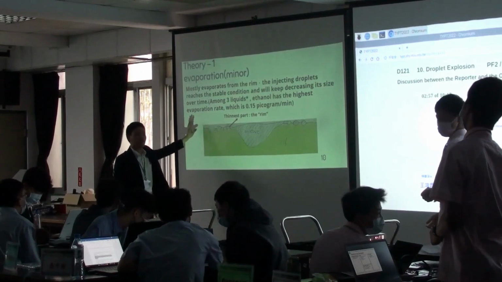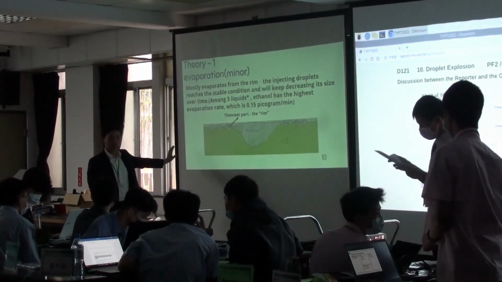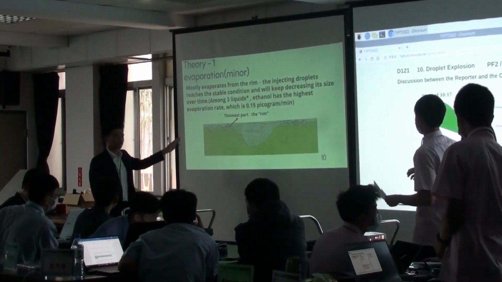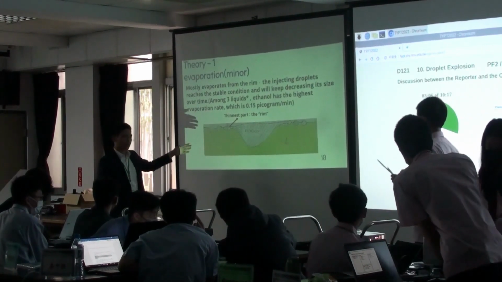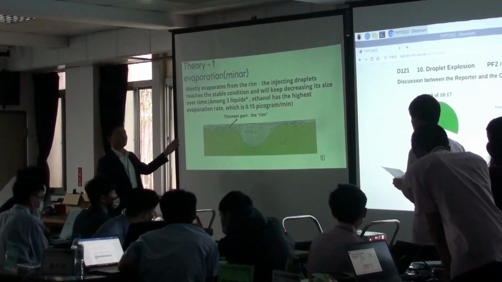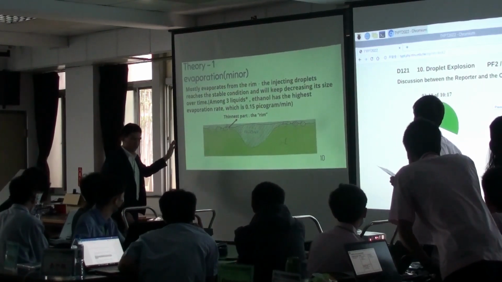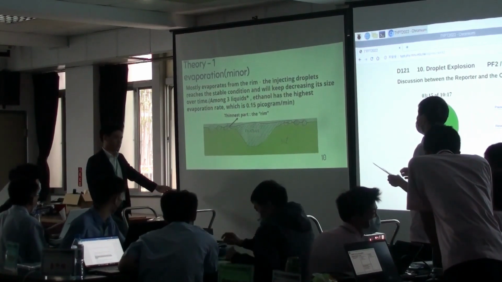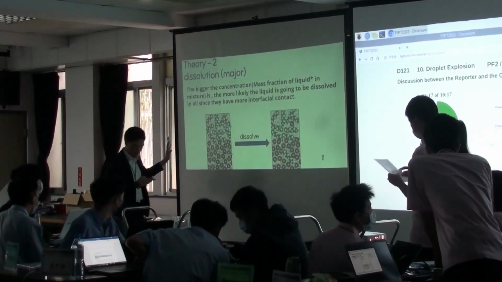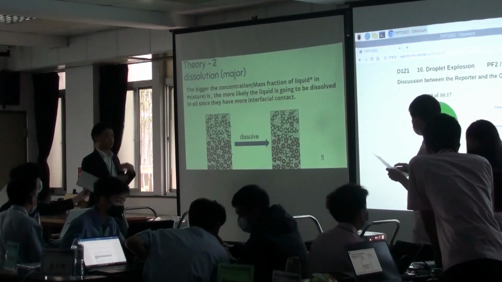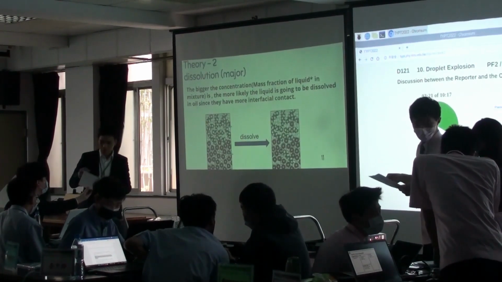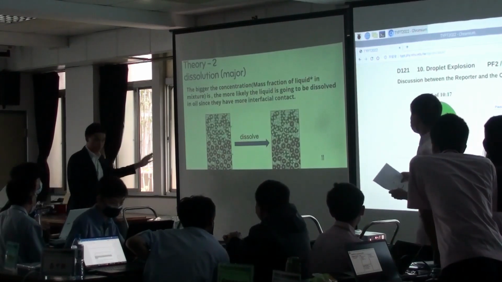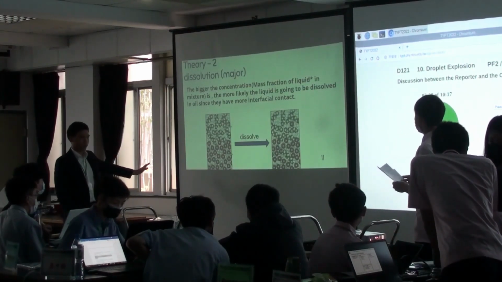For example, if we have 10 microliters in each droplet and 75%, that is 7.5 microliters. Even that small amount of ethanol or whatever mixture it is can evaporate in a brief second. So as we say, it's a minor one. What I'm trying to explain here is that the alcohol is still there. It's not evaporating.